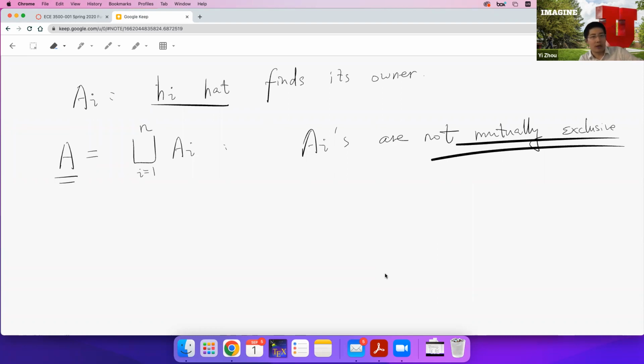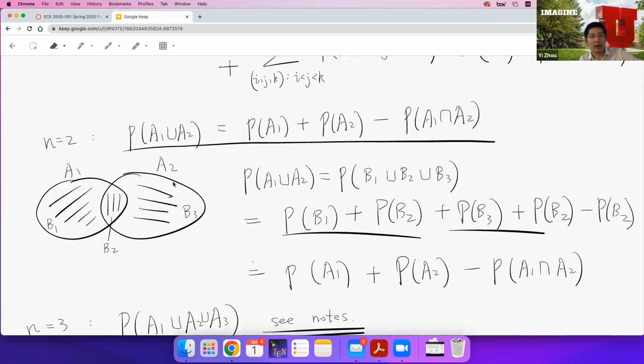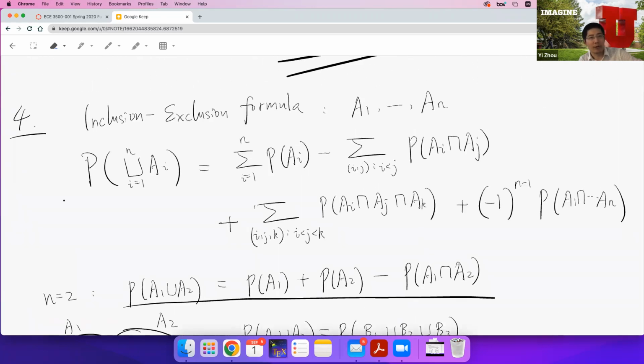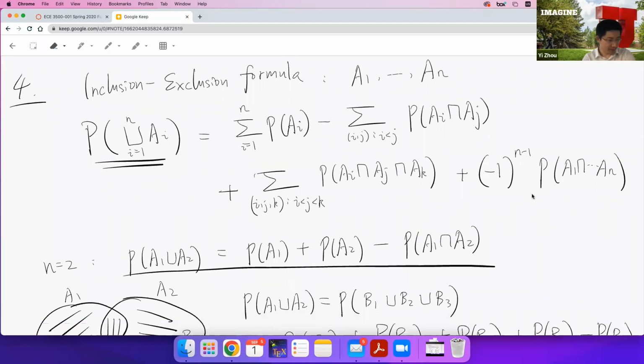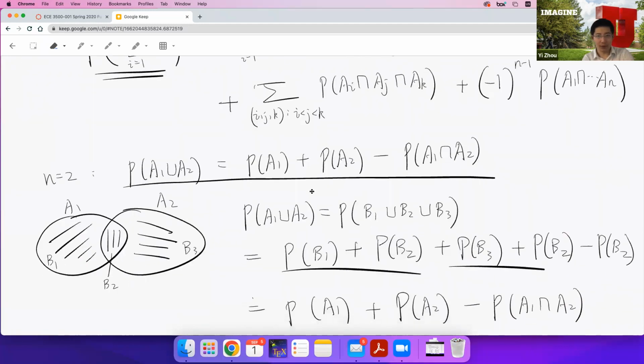However, because this is a union event, we can leverage the inclusion-exclusion formula to decompose this union event. So we just calculate every single term in this formula, and let's see if it is doable.